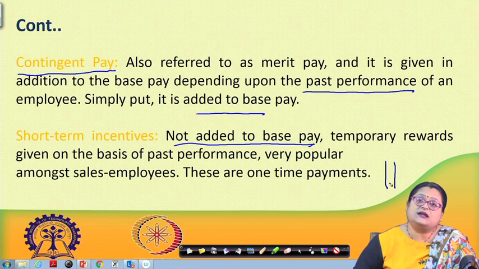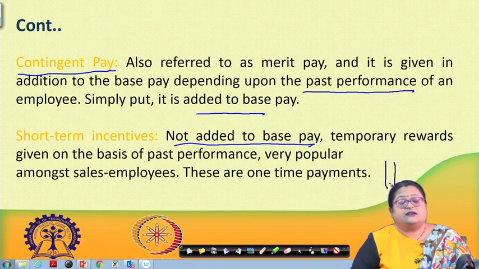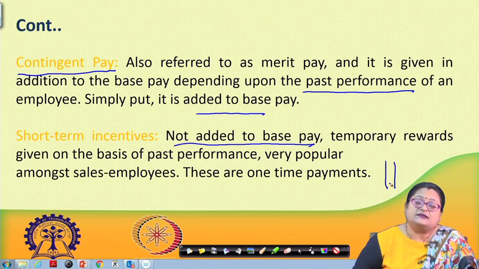When you talk of performance based pay, given on the basis of past performance, organizations give it to motivate the person to continue that level of performance if it is good, or to improve on it and perform better next time. So, it should act as a reinforcer for the person.